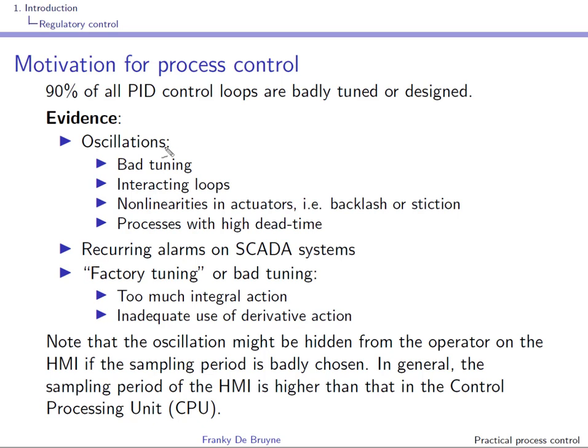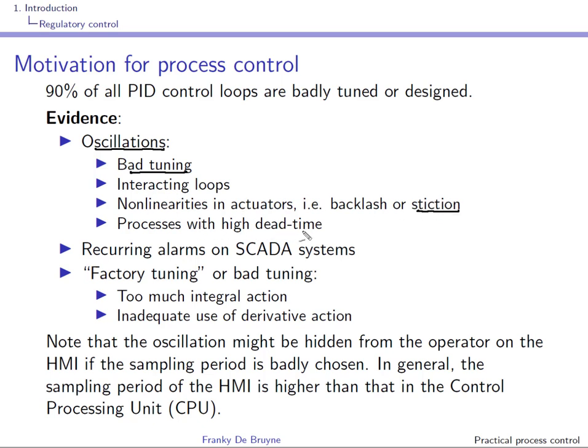Oscillations are certainly a sign of problems with the associated control loop. It can come from bad tuning, so for instance too much integral action, inadequate use of the derivative action, and so on. Oscillations can also come from interacting loops, so coupling effects, non-linearities in actuators, and a good candidate is stiction. We'll come back to this later in the course, but you have seen that it comes back in these surveys.